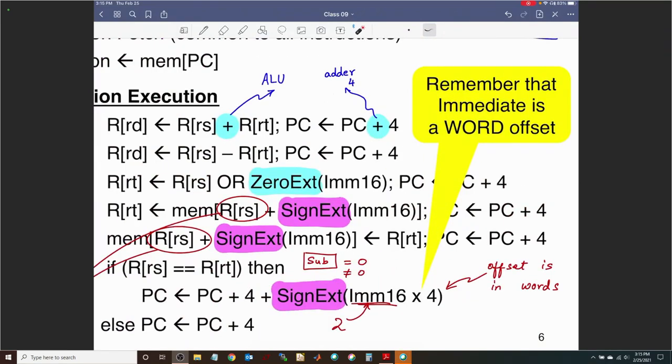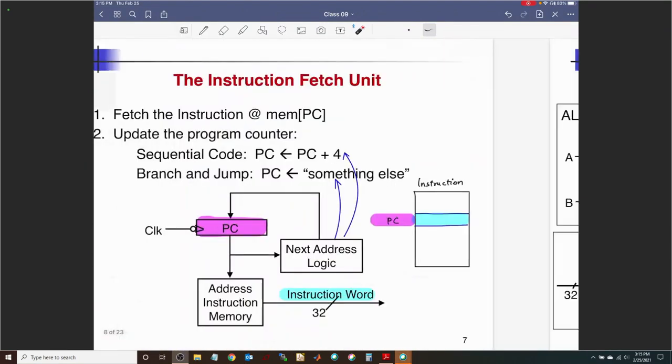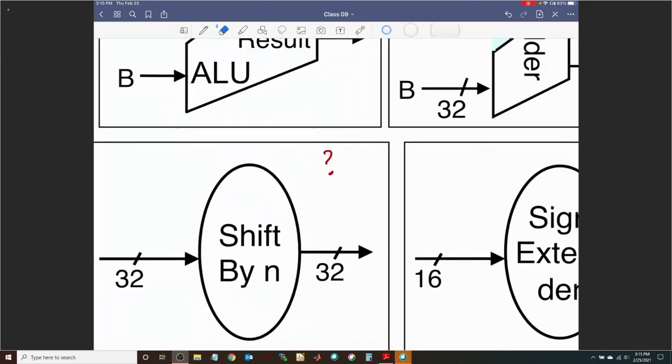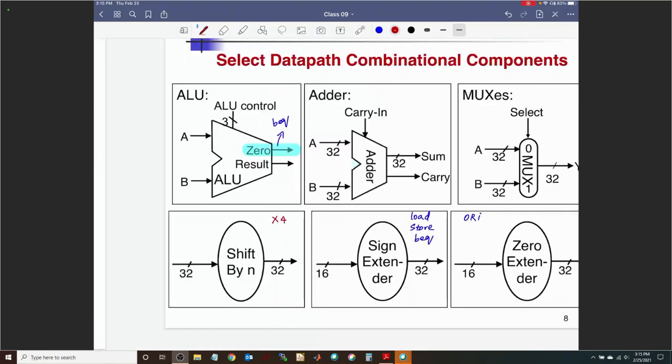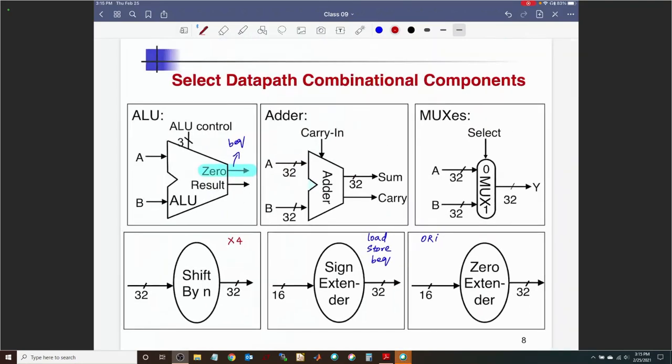Left shift by 2, exactly, right? So I will need this for the x4, multiply by 4. This was used for PC plus 4. This was used generally for selection, so you will see that at many different places.